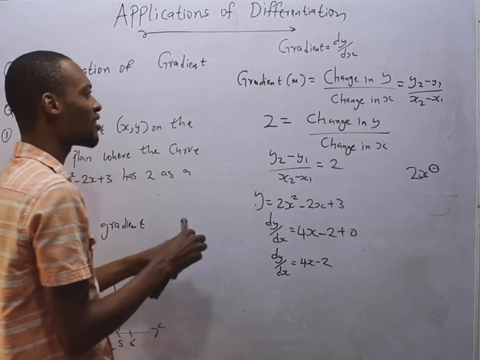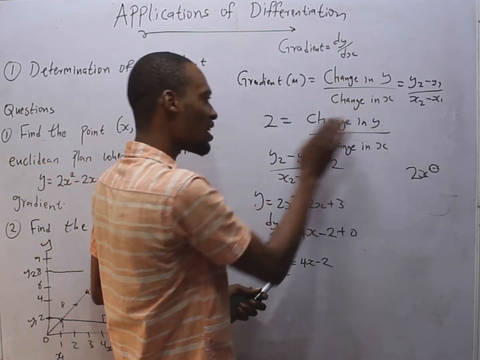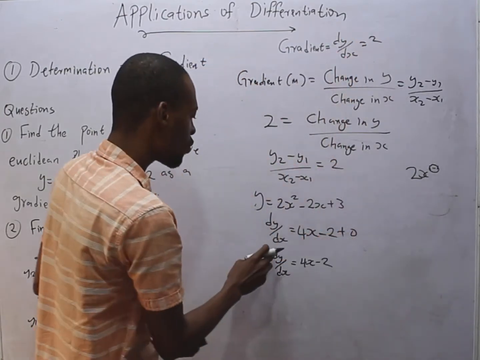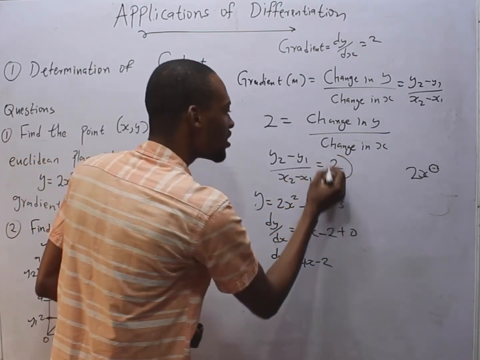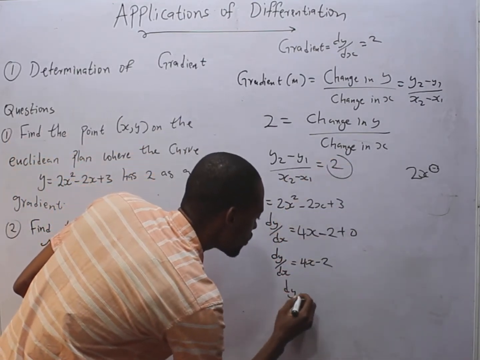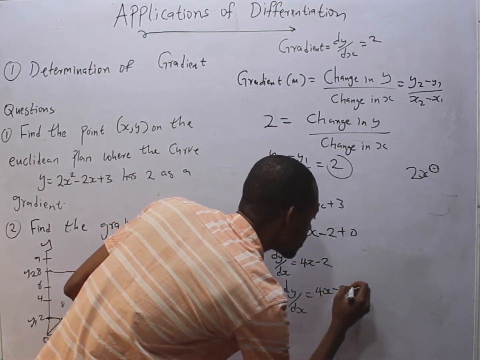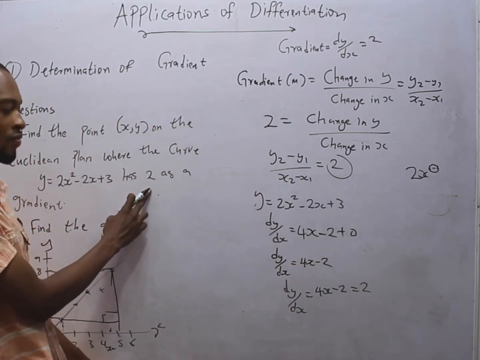Remember, we are told that the gradient is equal to 2, meaning changing y over changing s is 2, dy ds is equal to 2. So we can change dy ds to 2 because they already told us. Substituting, we have that dy over ds is equal to 4s minus 2 is equal to 2 from the question.